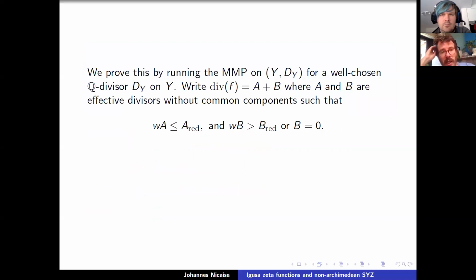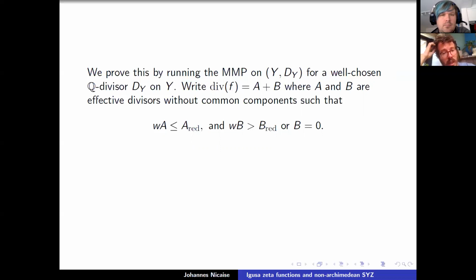So the idea behind the proof is to run a minimal model program on Y, which is the variety appearing in our resolution, and on a Q-divisor on Y that we will need to construct in a careful way. So we write the divisor of F as A plus B, where A and B are effective divisors without common components, such that we divide the components of the divisor of F into two types.